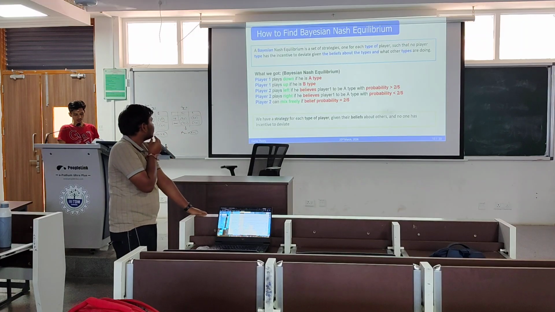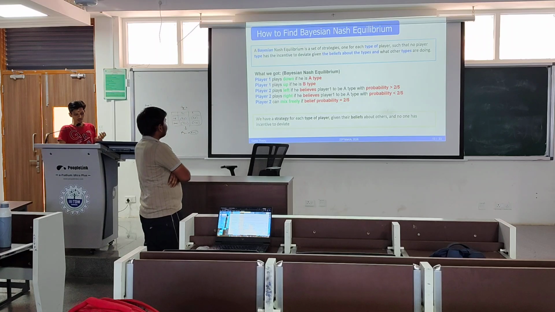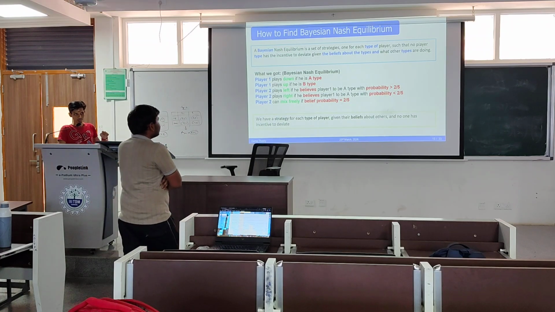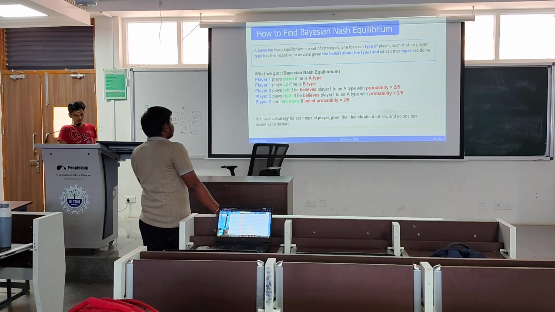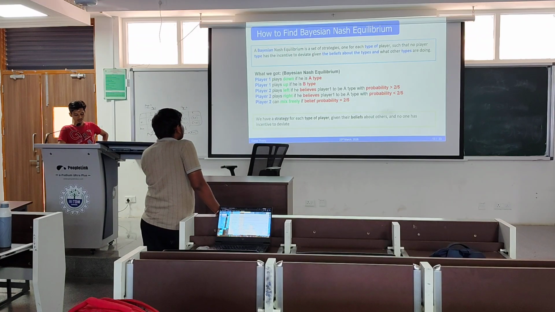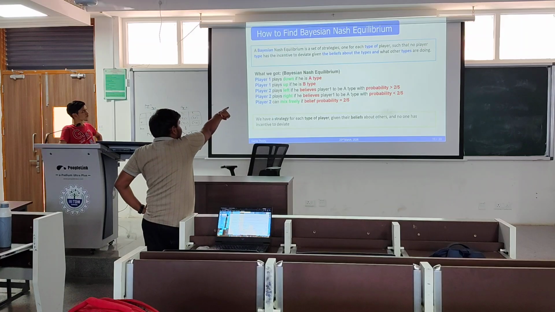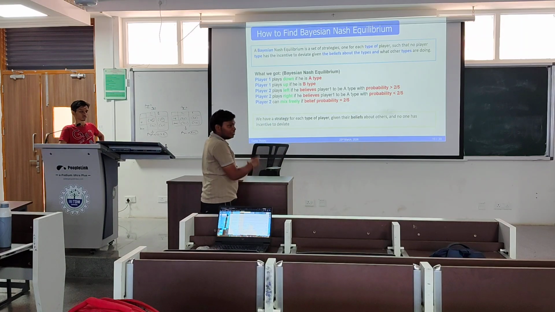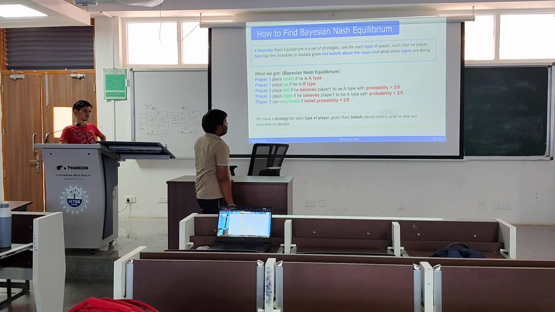So this is the conclusion: player 1 plays down if he is A type. He has clarity about whether to play up or down, but for player 2 it's not like that. It depends completely on what type player 1 is playing. So we have a strategy for each type of player given their beliefs about others, and no one has incentive to deviate. We have a strategy for type A and also for type B, given their beliefs, and no one has incentive to deviate.